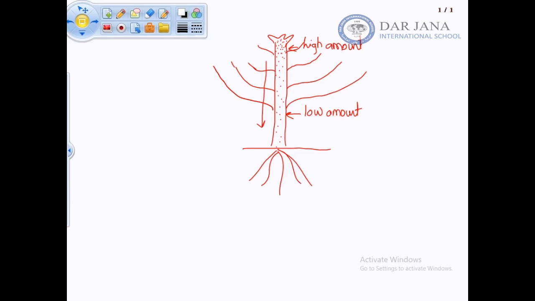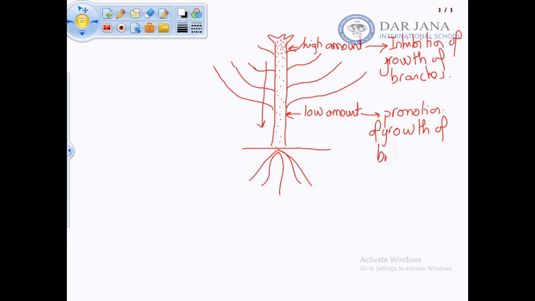So whenever we identify a high amount of auxin, or IAA, indoleacetic acid, there is an inhibition of growth of lateral branches, and whenever we identify a low amount of auxin, there is a promotion of growth of branches.